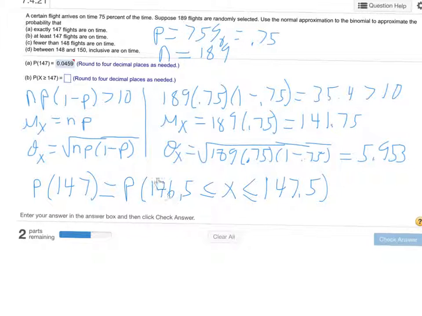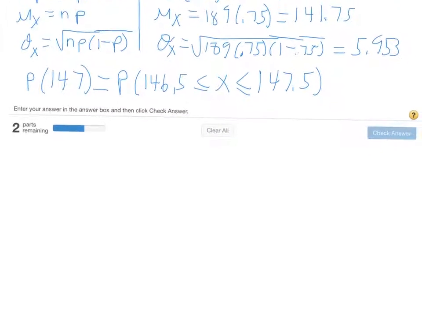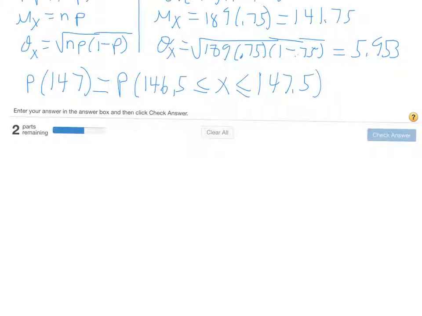So I need to find the z-scores for 146.5 and 147.5 based on the mean and the standard deviation I have here. So let me move this up a little bit. I need to calculate the z-score. So I start with 146.5.